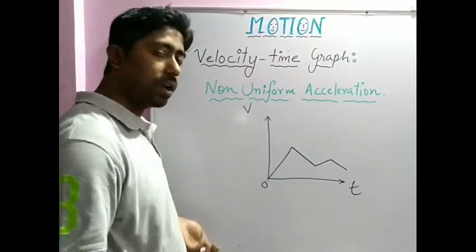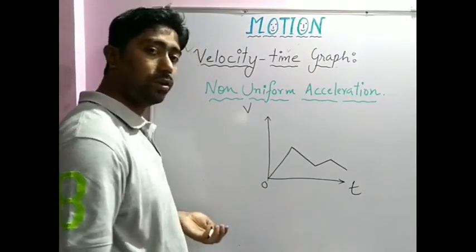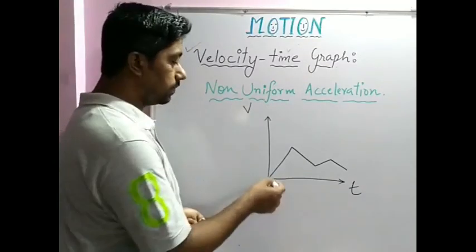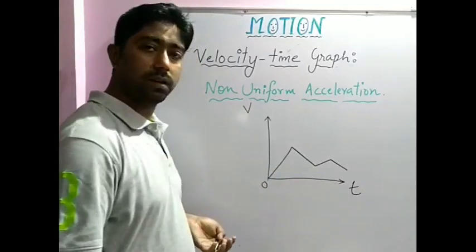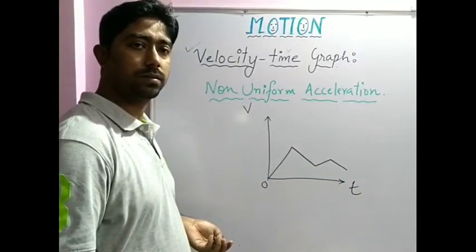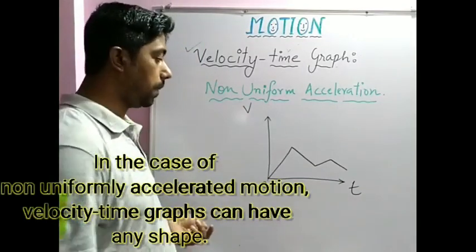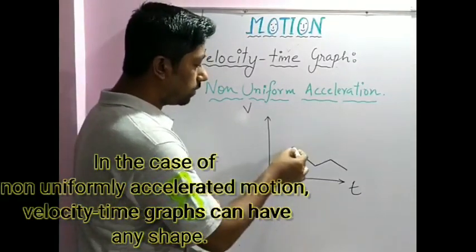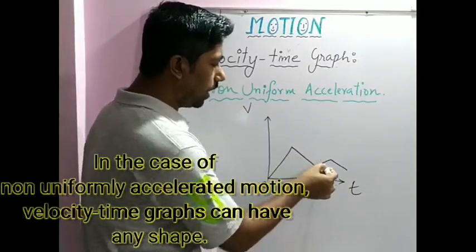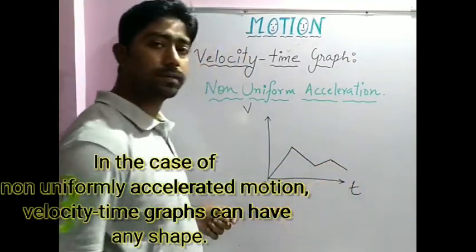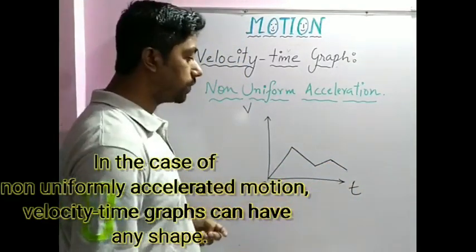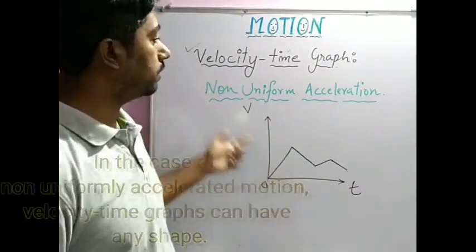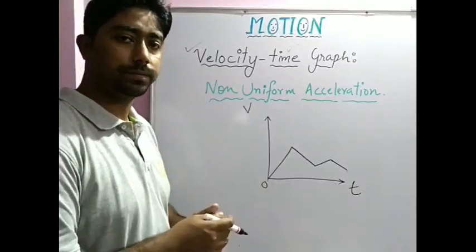That means by what amount velocity will change, you don't know. It's non-uniform. So in such cases, you may have graphs of these shapes or random shapes. Here the velocity has increased up to this point, then decreased, then increased again, then decreased again. This kind of graph corresponds to the velocity-time graph for non-uniform acceleration.